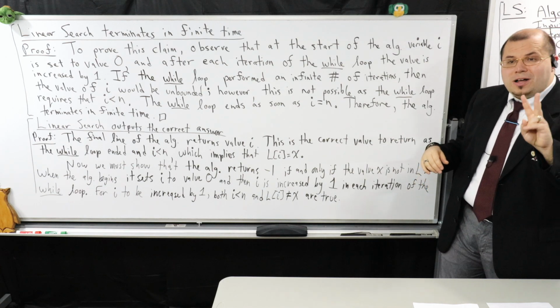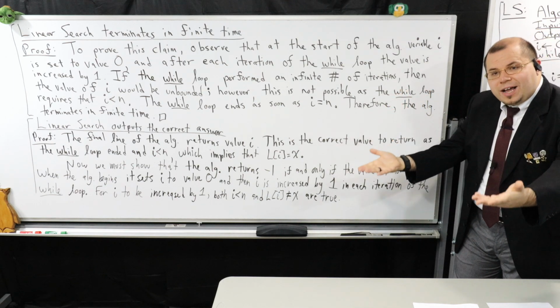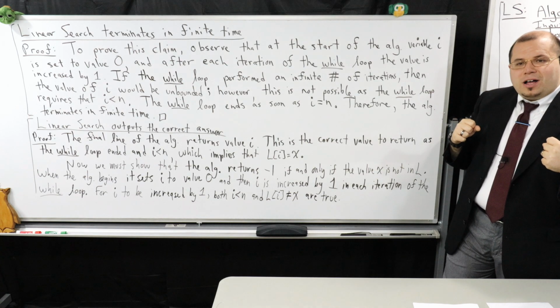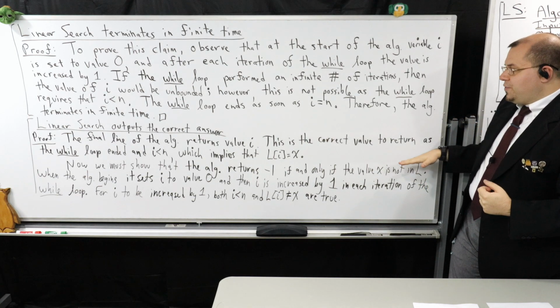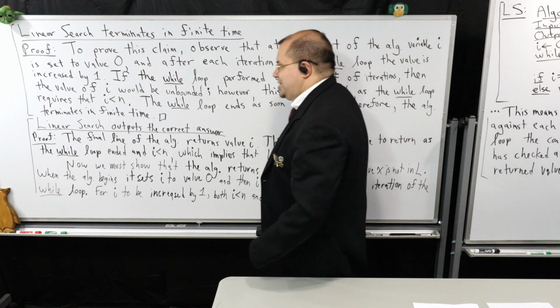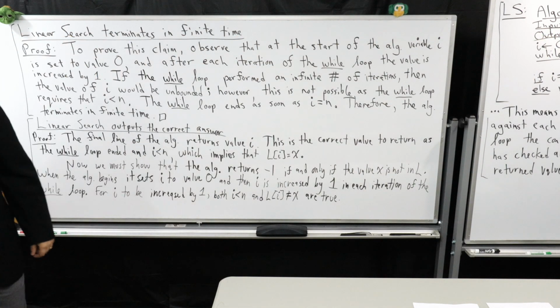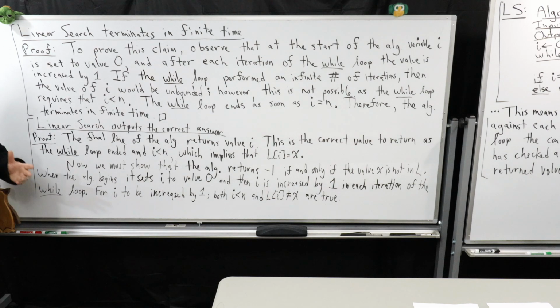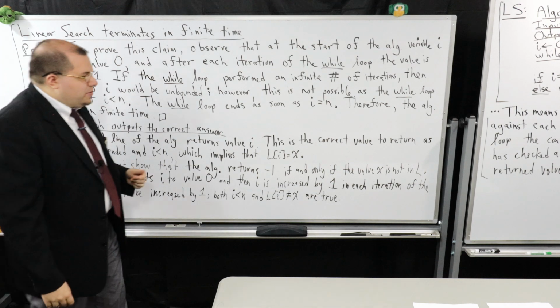So there's only those two possibilities, so I'm going to dissect into two possible cases. I'm going to first address the case when you actually get back a position as opposed to -1. Why? Because that's the easiest part of this proof when you dissect it like this. So I want you to observe that the final line of the algorithm returns value i.